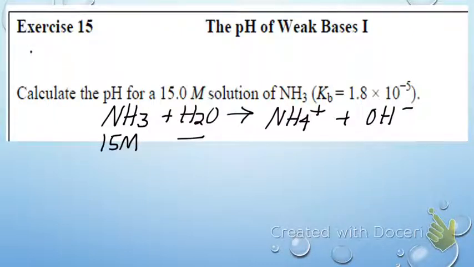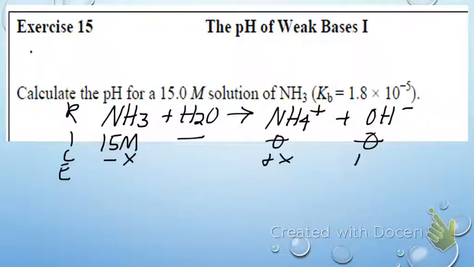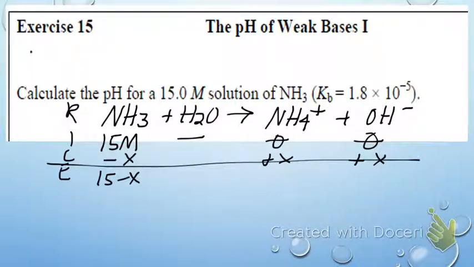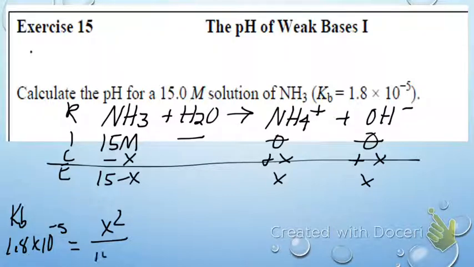We don't care about water, and of course this is 0 and 0, so the change is going to be minus X, plus X, plus X. So at equilibrium we have 15 minus X and then X and X. So Kb, which is 1.8 times 10 to the negative 5, equals X squared over 15 minus X, and then I'm going to go in and say neglect.